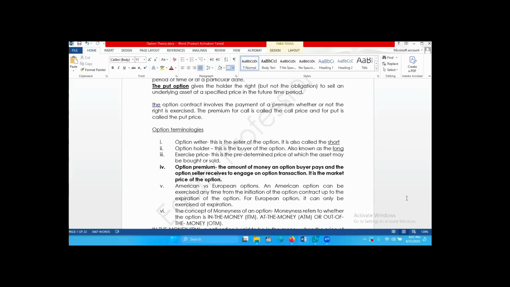These are contracts that can be exercised at any time from the commencement of the option contracts up to the maturity of the contract. For European option contracts, it can only be exercised at maturity of the contract. I will still illustrate with the example, don't worry.